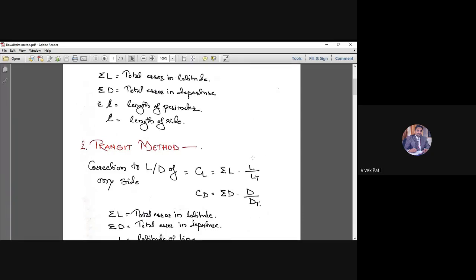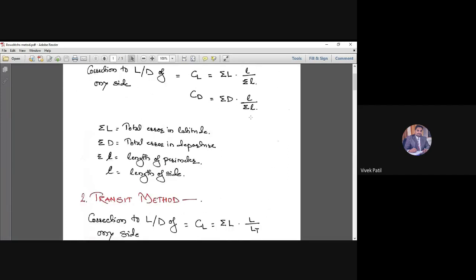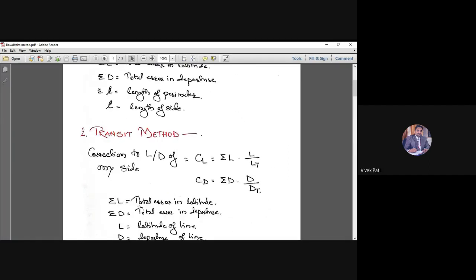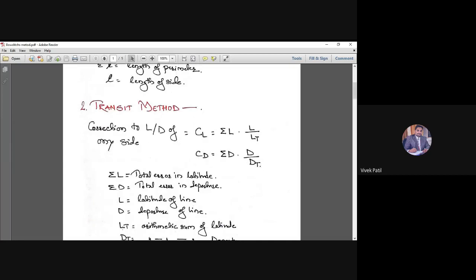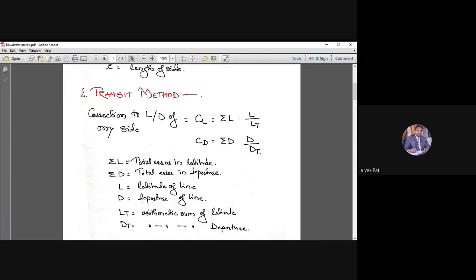Earlier it was L divided by summation of L. Here L is the latitude of that line and LT is the arithmetic sum of latitude. So these are the changes in the formula.